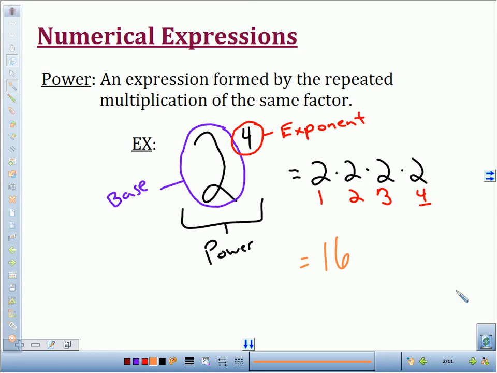Now, the next thing when it comes to numerical expressions that we want to deal with is the order of operations. Now, the order of operations you should have seen before. The order of operations tells you how to go about solving or evaluating some numerical expression. Right? We need to know where to start, how to move through it, and where to end.